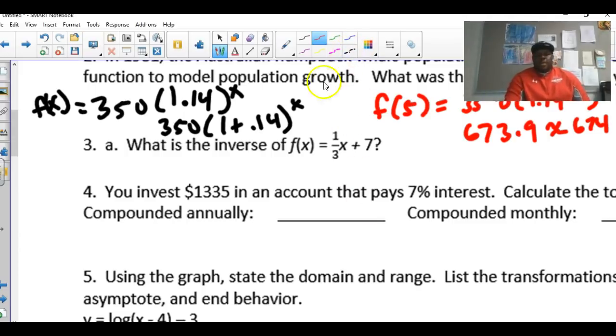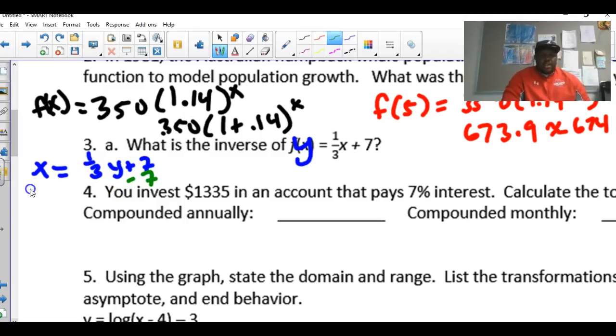This next problem right here, find the inverse, guys. To find the inverse, you remember that f of x is y. So the first step you're going to do here is swap x and y. So you end up with x equals 1/3 y plus 7. The first thing we're going to do to solve this is subtract 7 on both sides.